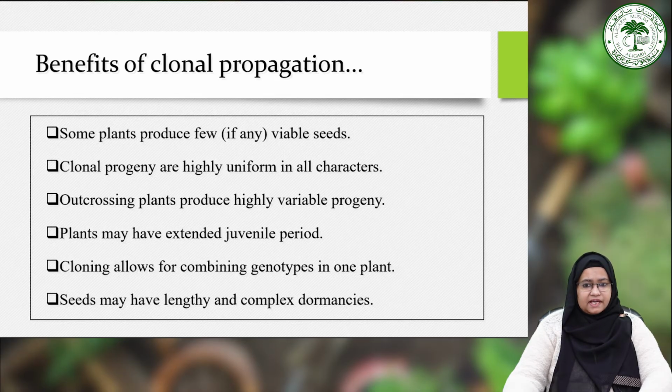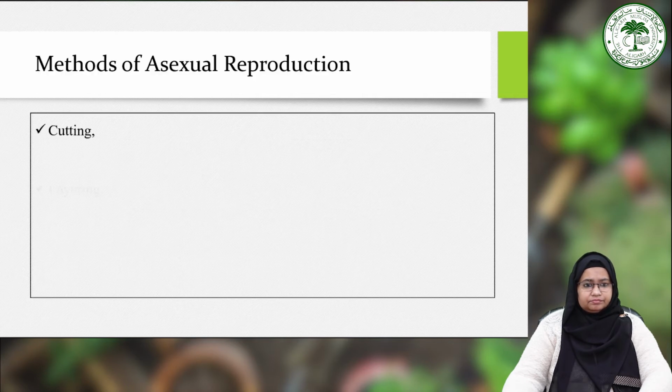Outcrossing plants produce highly variable progeny, so this method is used for producing highly uniform ones. Plants may have an extended juvenile period. Cloning allows for combining genotypes in one plant. Seeds may have lengthy and complex dormancies. So these are the benefits of clonal propagation methods.